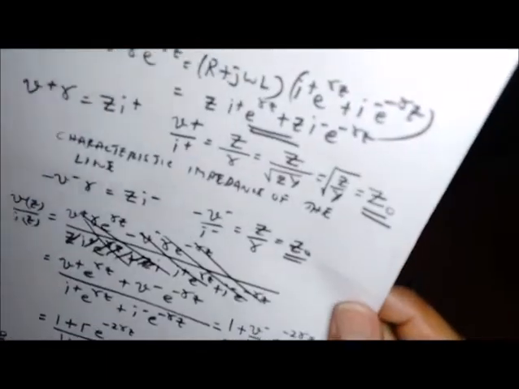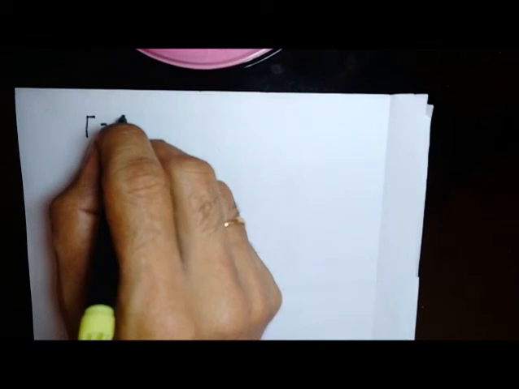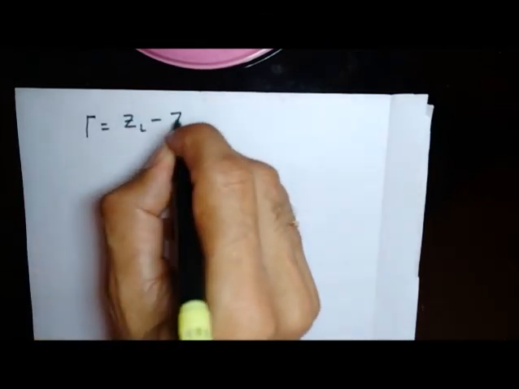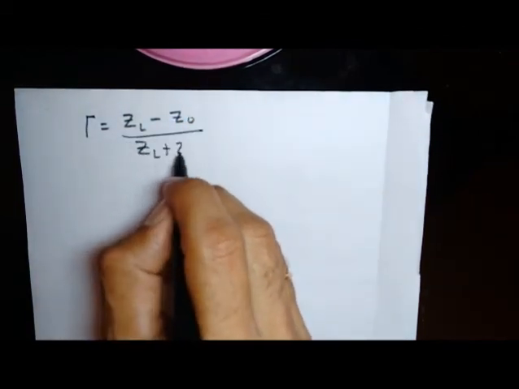Now if you manipulate this, you can easily show that the reflection coefficient, I'm sorry, I used that term too early, the reflection coefficient will be ZL minus Z naught divided by ZL plus Z naught.